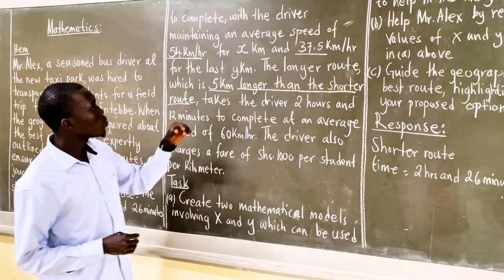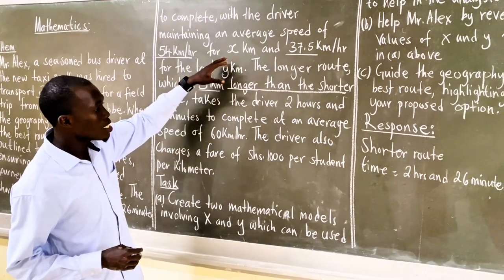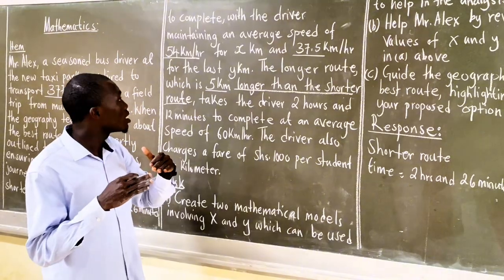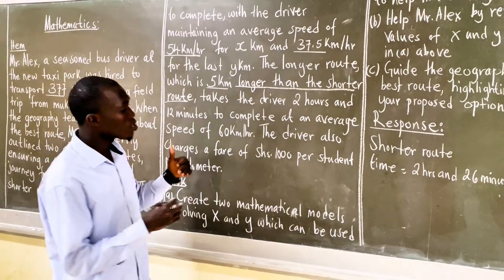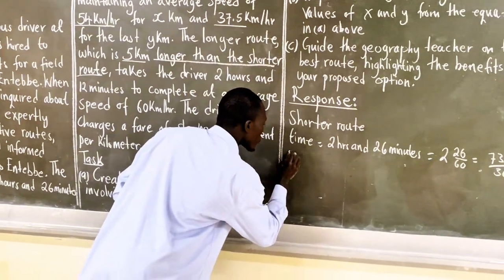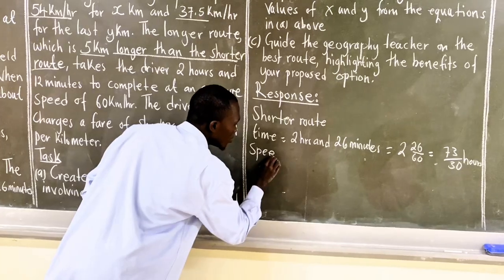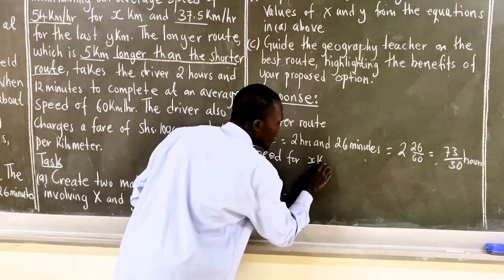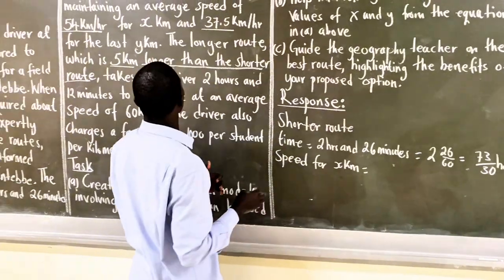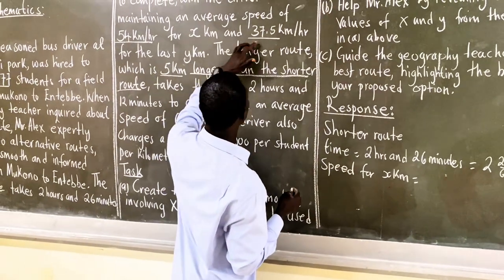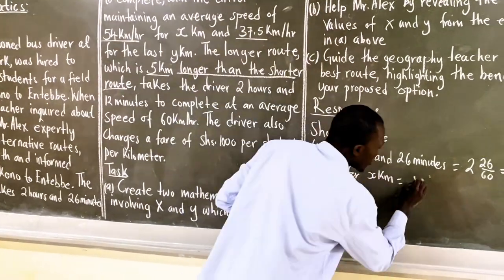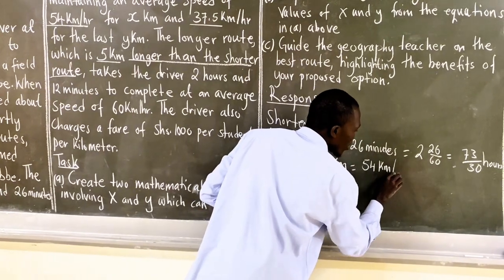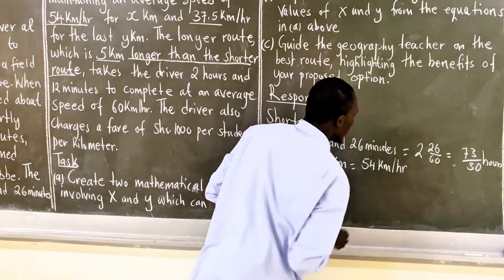So from there, what else are we given? We are given speed, but for different distances. So for X, the speed for X kilometers was given to be 54 kilometers per hour.